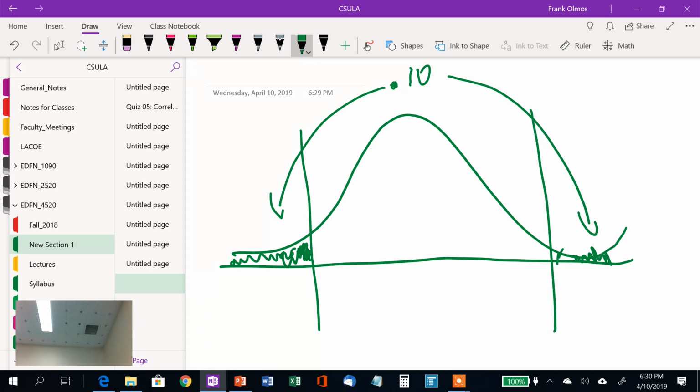I get a sample that falls right here. Yeah, each side is 0.05. Okay. You get a sample. Understand this is the projection, all right? So you get a sample that falls right here.